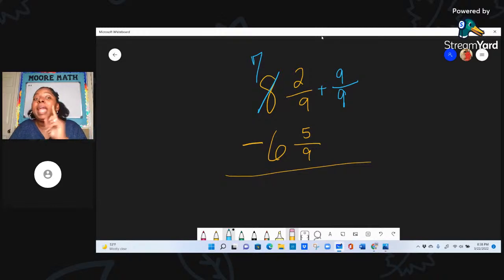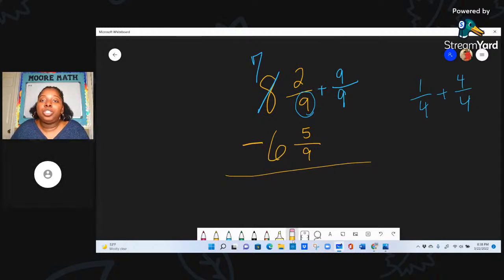I just borrowed 1 from the 8, and that's a 7. And I add that 1 to 2 9s to make it bigger. But because I have a fraction, I have to turn that 1 whole into a fraction. It's always going to be the same as the denominator. So when we had 1/4, remember we did 4/4 because they have to have the same denominators.